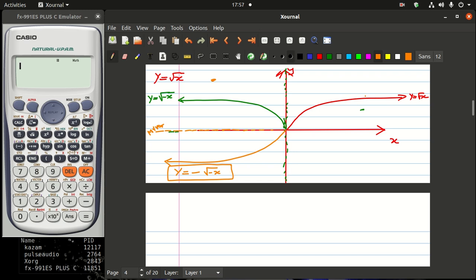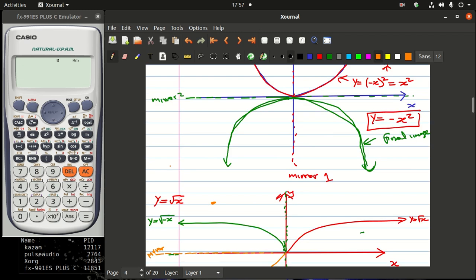In a nutshell, the final image was not here like the previous case, because this function is not an even function. The image of this was that, and the image of that was this. So the final image across the origin of this is this orange curve here.